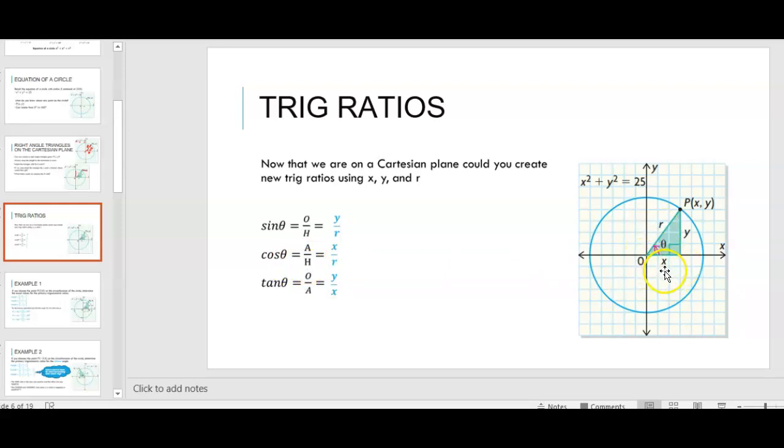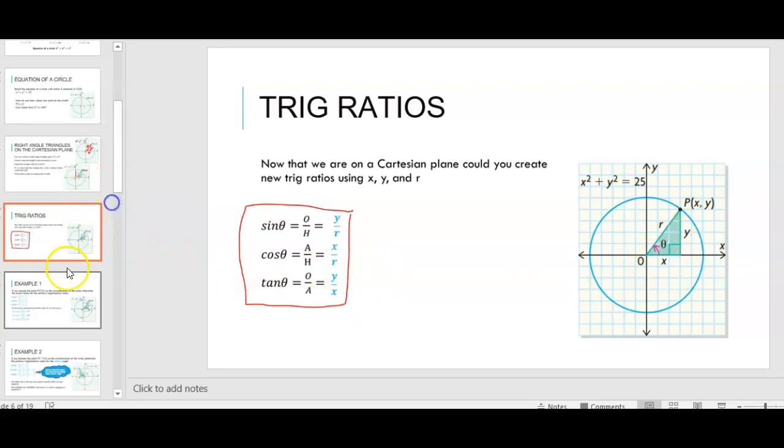Adjacent now has the value x, and hypotenuse again r. So cosine of this angle theta is x over r. Tangent is opposite over adjacent, y over x. So take a moment to see the connection between the primary trigonometric ratios expressed in terms of x, y, and r of the triangle that is built on the Cartesian plane. Okay?